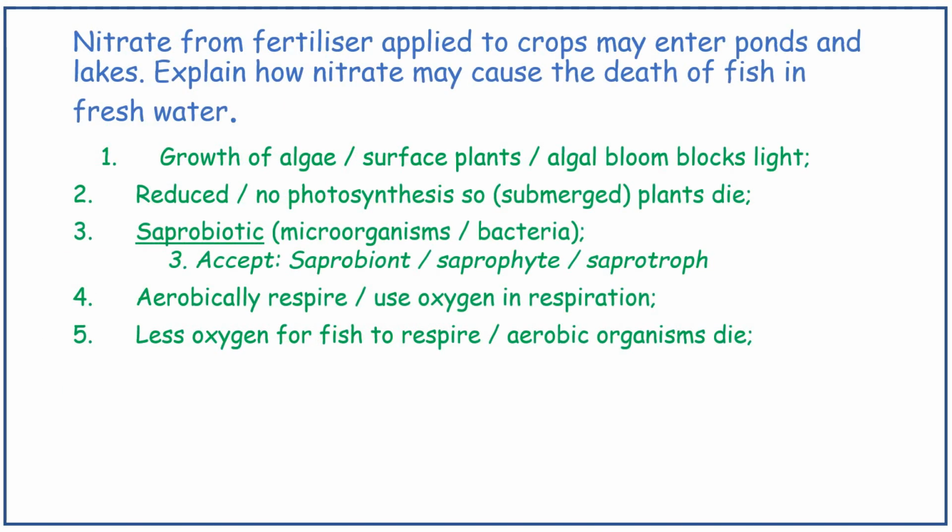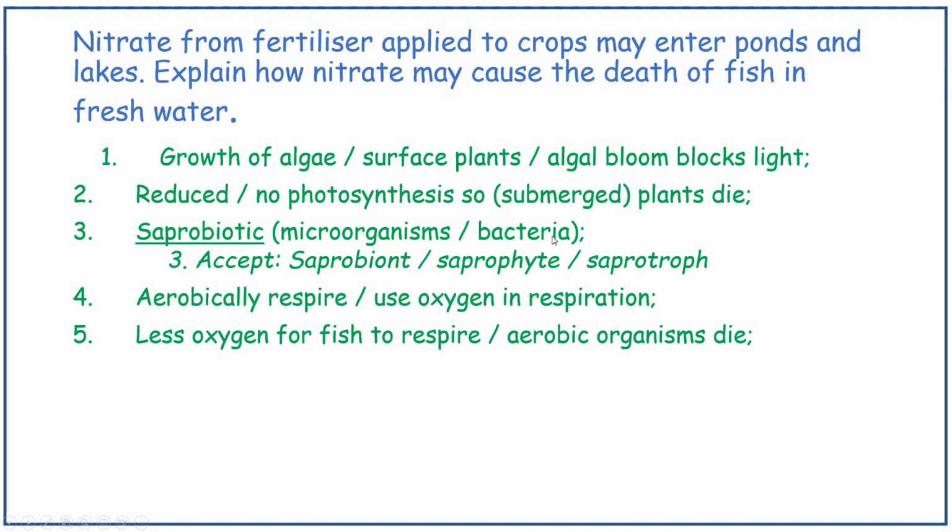Nitrate from fertilizer is applied to crops and they may enter ponds and lakes. Explain how nitrate may cause the death of fish in fresh water. So growth of algae or surface plants, or an algal bloom, blocks light. Therefore, there is reduced or no photosynthesis, so the submerged plants underneath die.